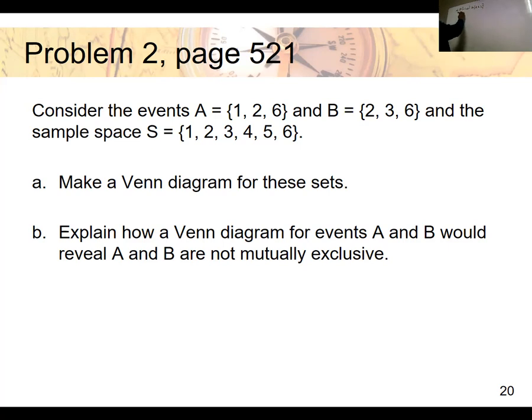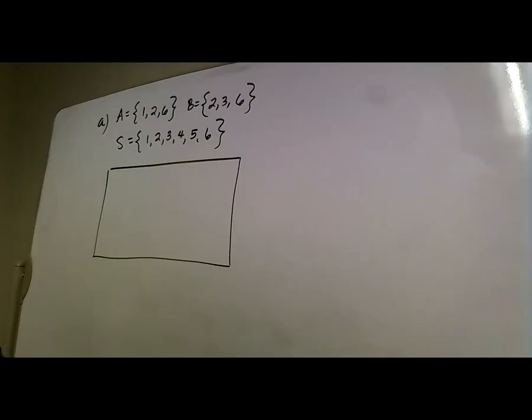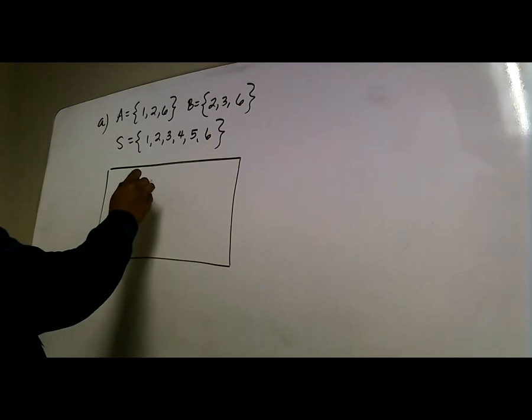Our sample space is 1 through 6. So my Venn diagram will look something like this. What's in common in A and B? The 2. And what else? 6. So here I got 2 numbers that are in common.